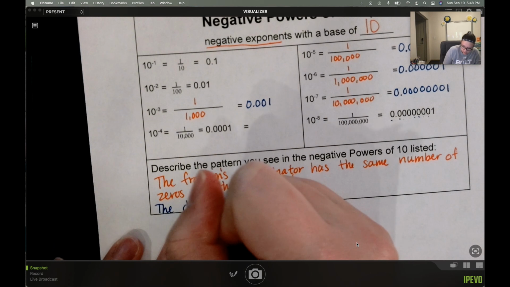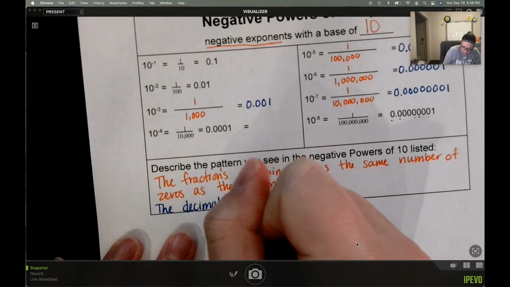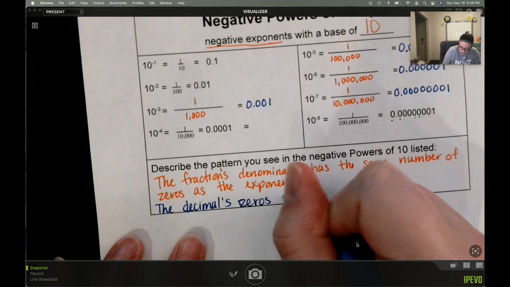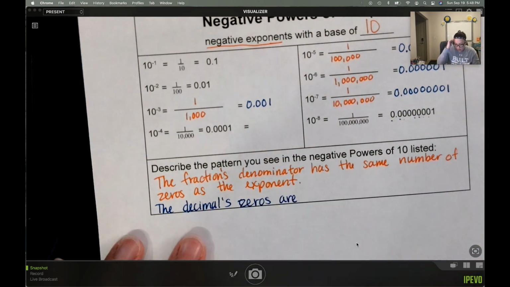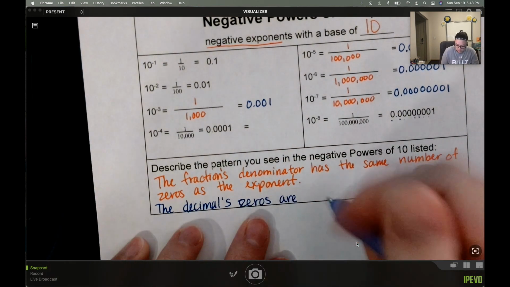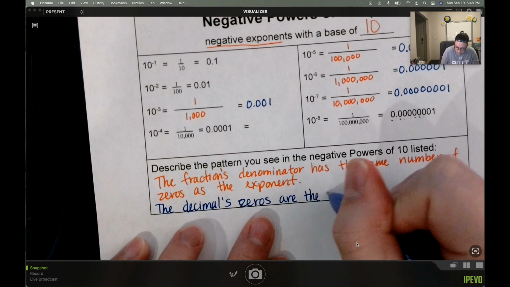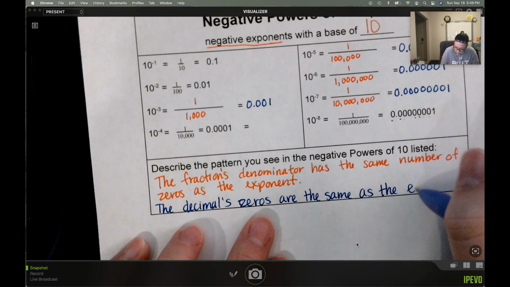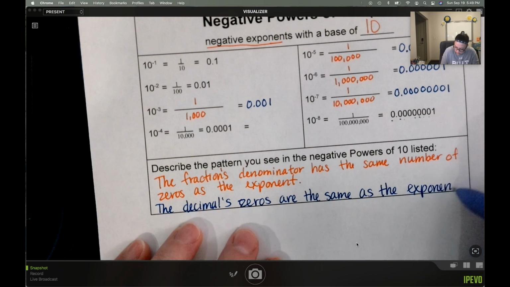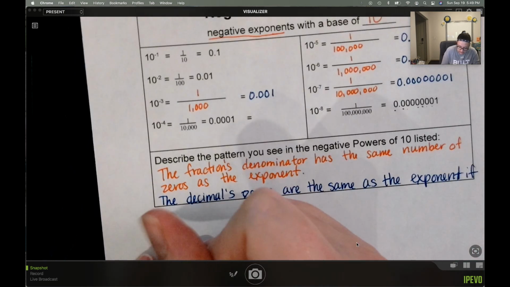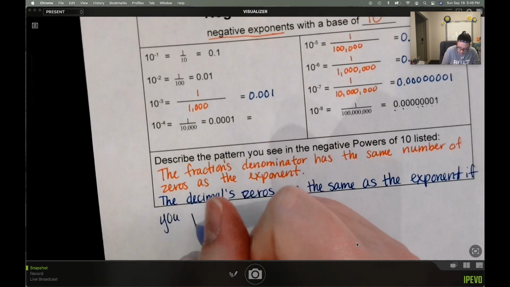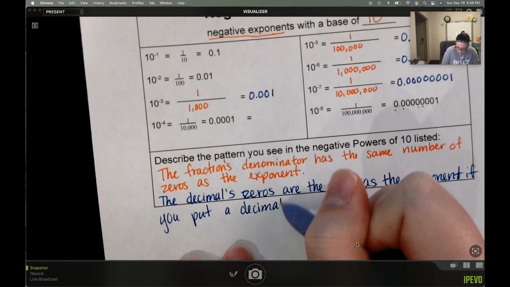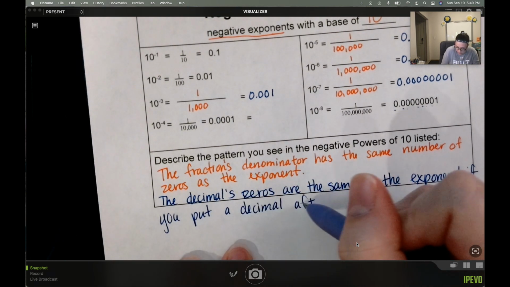So the decimal's zeros are the same as the exponent if you put a decimal after the first zero.